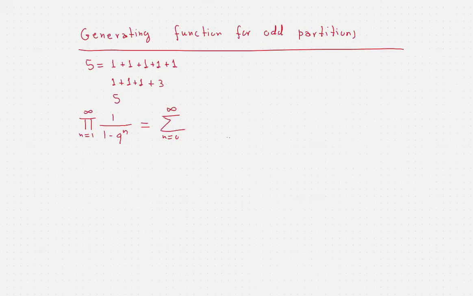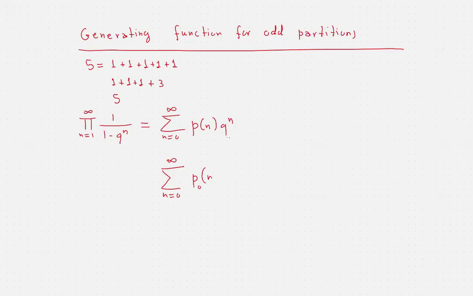And what we would like to ask here is, what should we put on the left of this equality, or if there is something to put on the left of this equality, so that we get the odd partitions here.